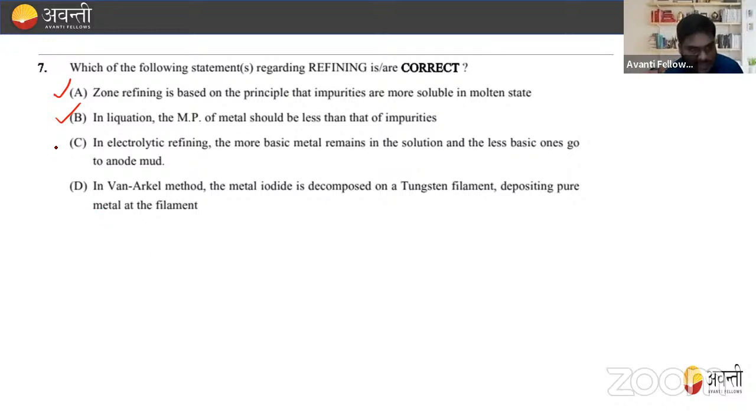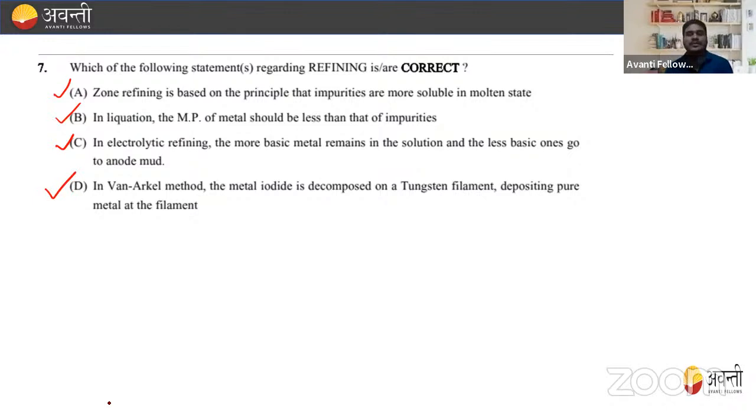Now, in electrolytic refining, the more basic metal remains in the solution and the less basic ones go to the anode. This one is absolutely correct again. Now, in the Van Arkel method, the metal iodide is decomposed on a tungsten filament, depositing pure metal. So this is also correct.